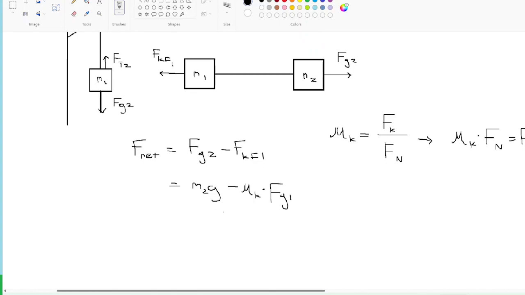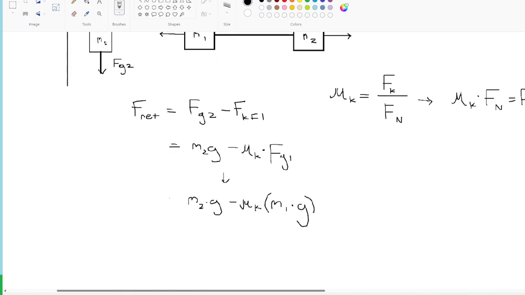So we can go ahead and manipulate this again. M2 times G minus Fg1 is going to be equal to the mass of 1 times the acceleration, which is gravity in this case.